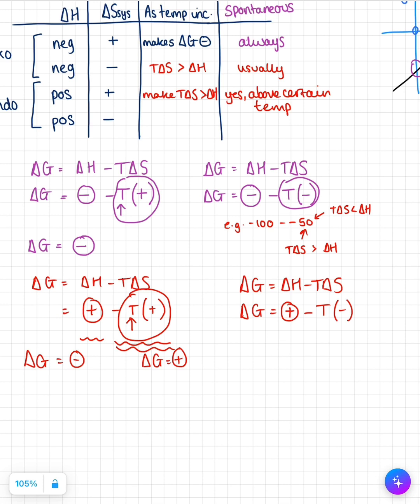So what happens here is we've got a positive number, and if we are increasing temperature, we just get a larger negative number. A positive minus minus, that's going to give us a Gibbs of positive. So therefore not feasible. In this circumstance, delta G is always positive, so it is never going to be spontaneous or feasible.